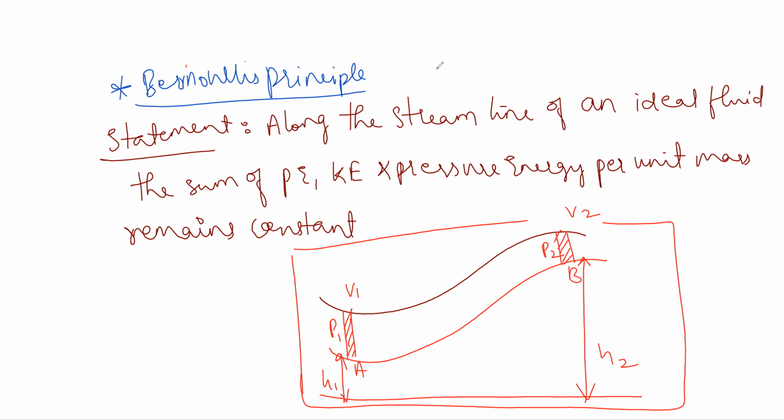Let P1, A1, V1, H1 be the pressure, area of cross section, velocity, and height of the liquid at point A. And similarly, P2, A2, V2, and H2 be the pressure, area of cross section, velocity, and height at point B respectively. So here these are the points.